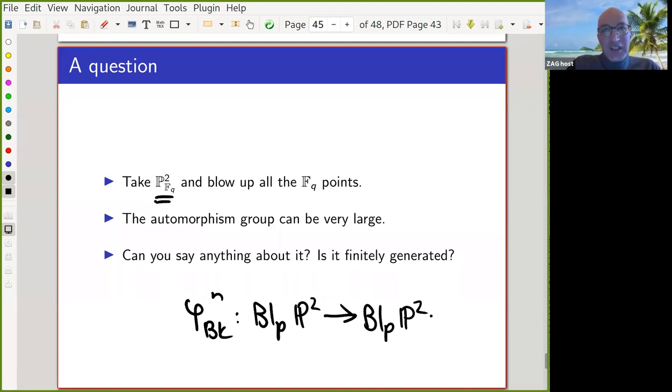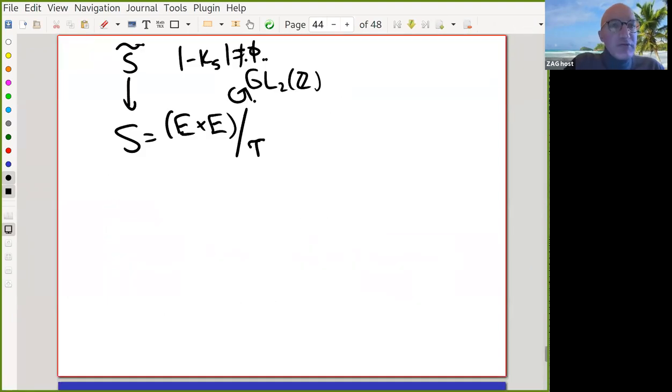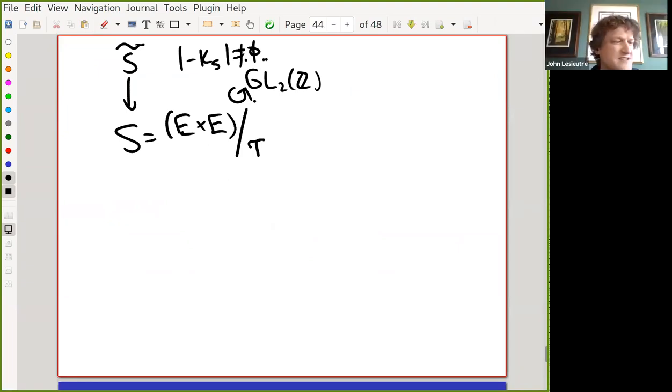Very good question. Okay, I have another general question. What do you expect for problems like this, which may be interesting for you, for threefolds? It's a good question.